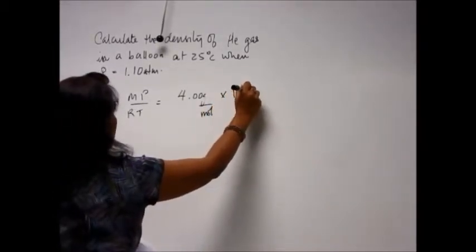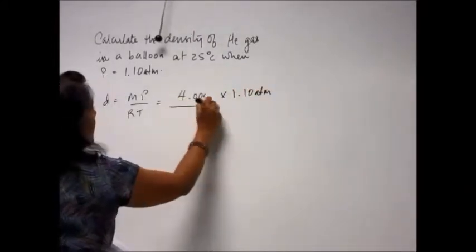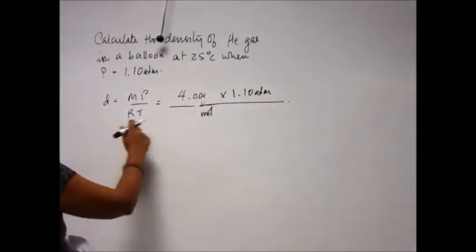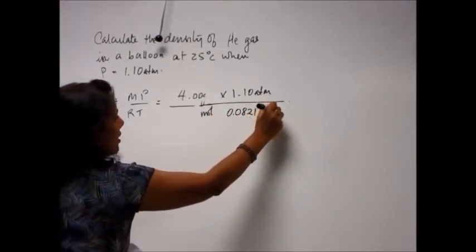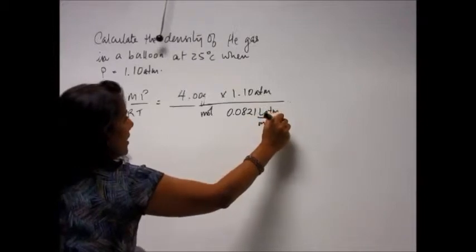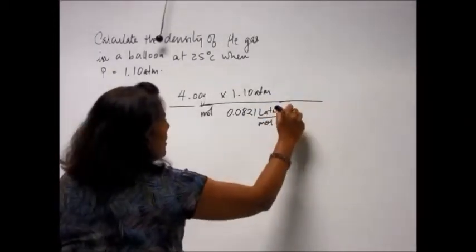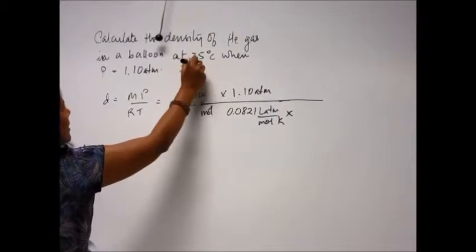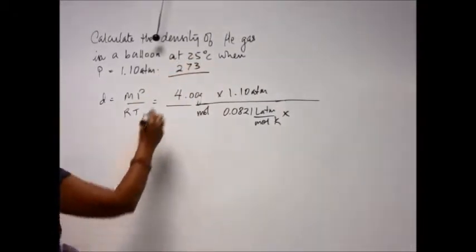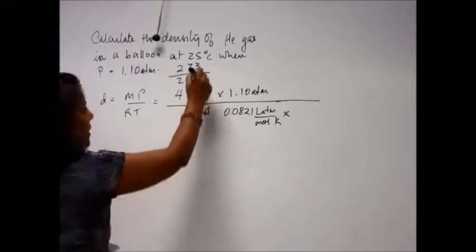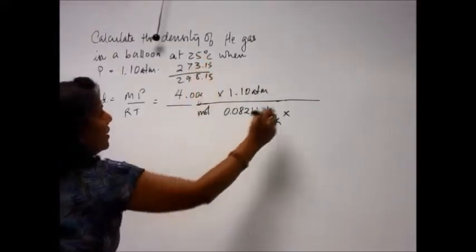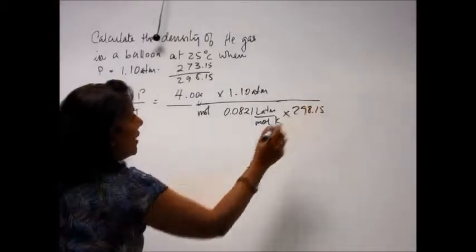Pressure, 1.10 atmosphere, and all of this is divided by R, which is 0.0821 liters atmosphere per mole Kelvin, times temperature, and temperature is 25 plus 273, which is 298. If you want to use the 0.15, you're most welcome to. So 298.15.